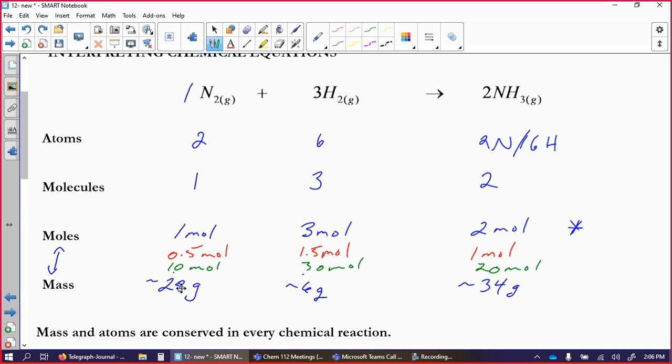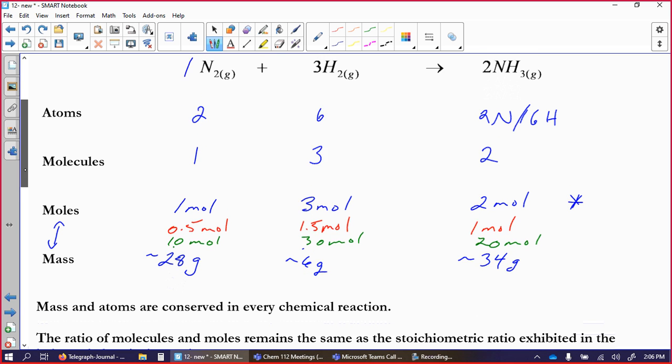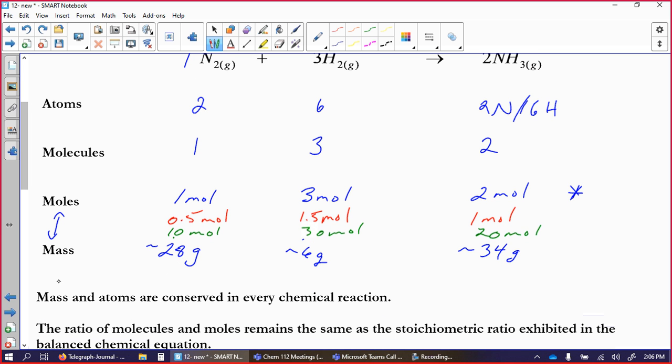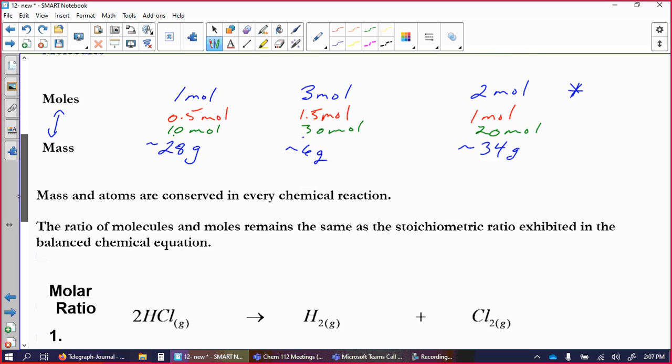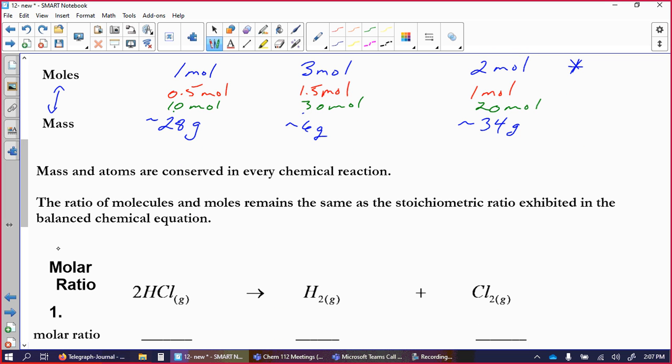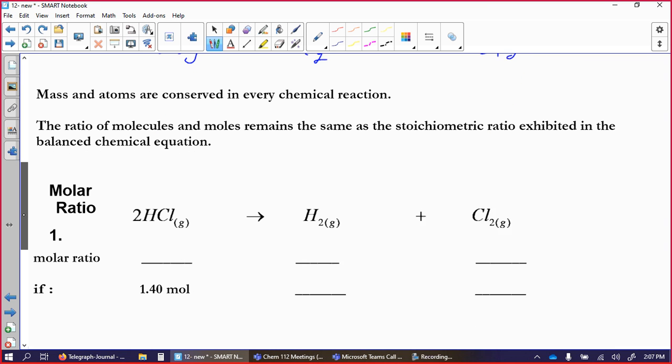So if I start with 10 grams, I can figure out proportionally how many grams of this I would need and how many grams of that I would make. Conservation of matter: mass and atoms are conserved. We're not doing nuclear physics, so we're putting things in the right order. So the ratio of molecules and moles remains the same as the stoichiometric ratio in the balanced equation.